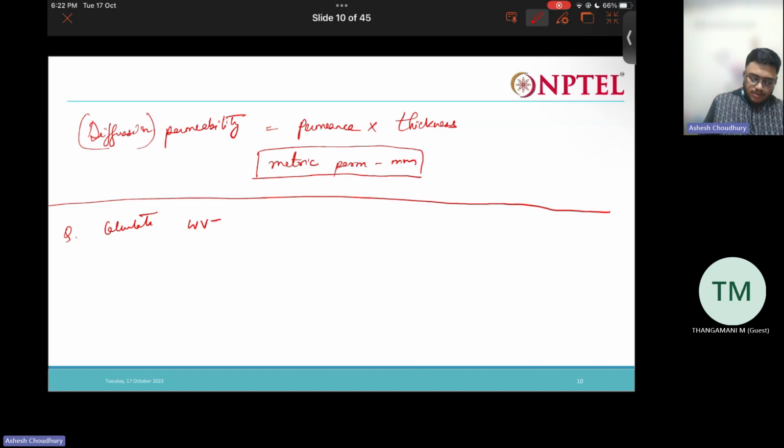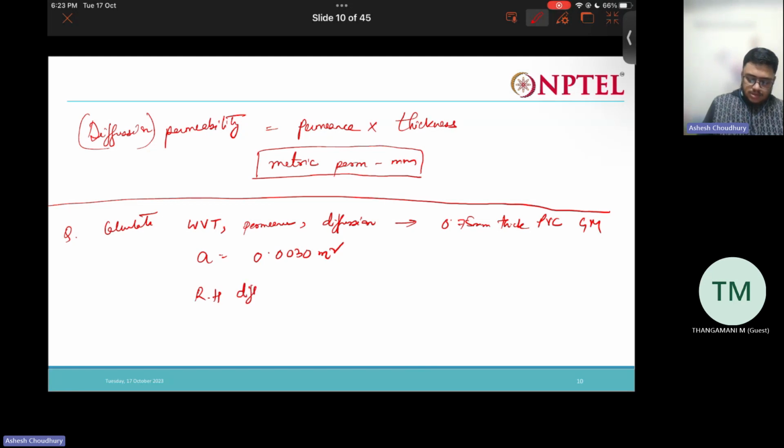Calculate permeance and diffusion for a 0.75 mm thick PVC geomembrane. Area is 0.0030 meters square. The relative humidity difference is 80% at 30 degrees. We remember this permeability is not a normal Darcian permeability. So we'll discuss it. Let's do this one first.